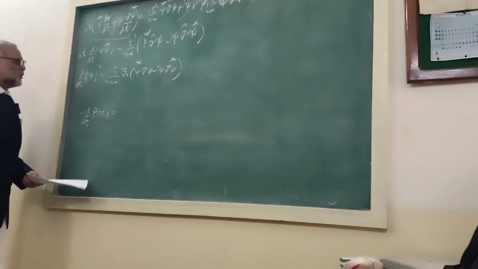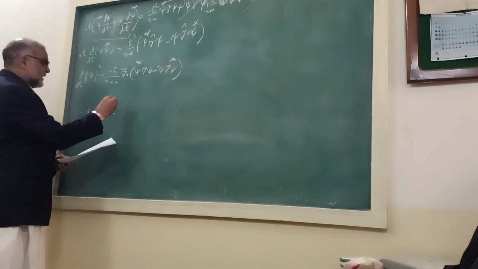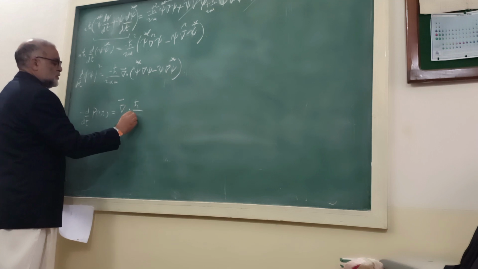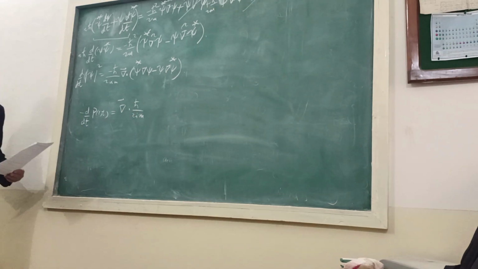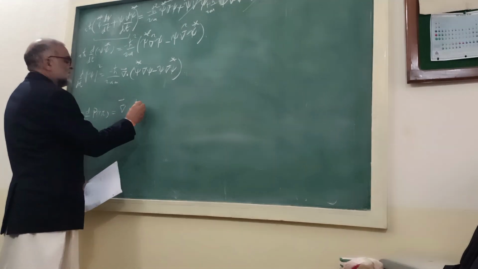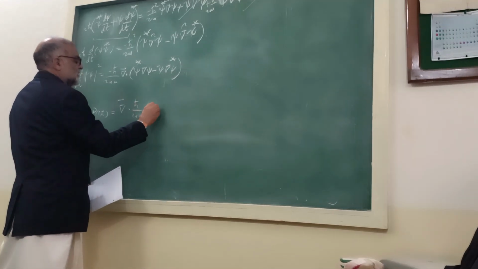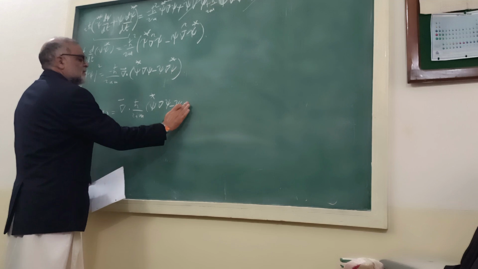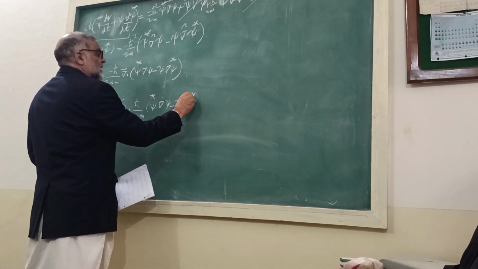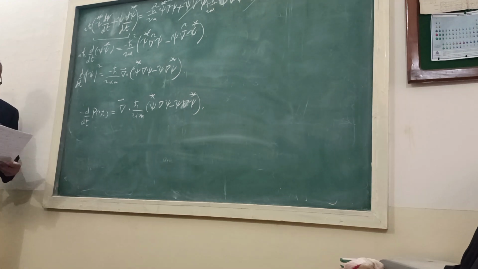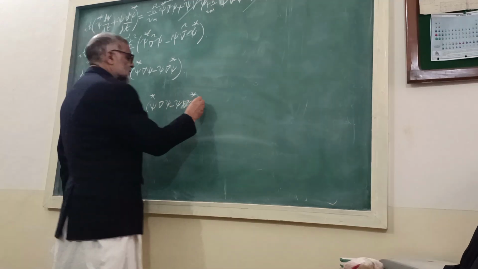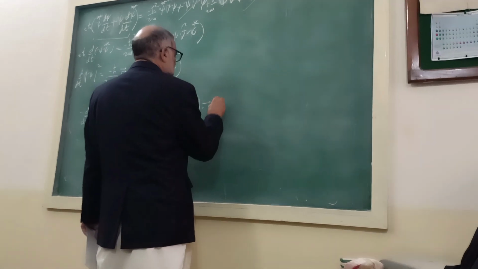And that is equal to del dot ħ over 2im times psi star del psi minus psi del psi star. That is equation number 5.4.